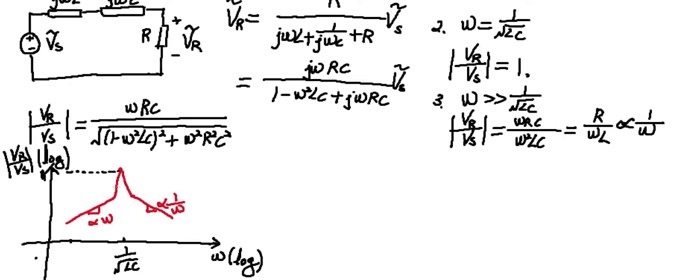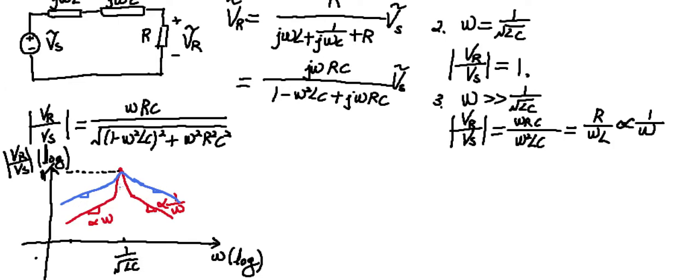If the circuit has a low quality factor, you will get a broader peak surrounding the resonance frequency. So those two slopes are still 1 over omega and omega.